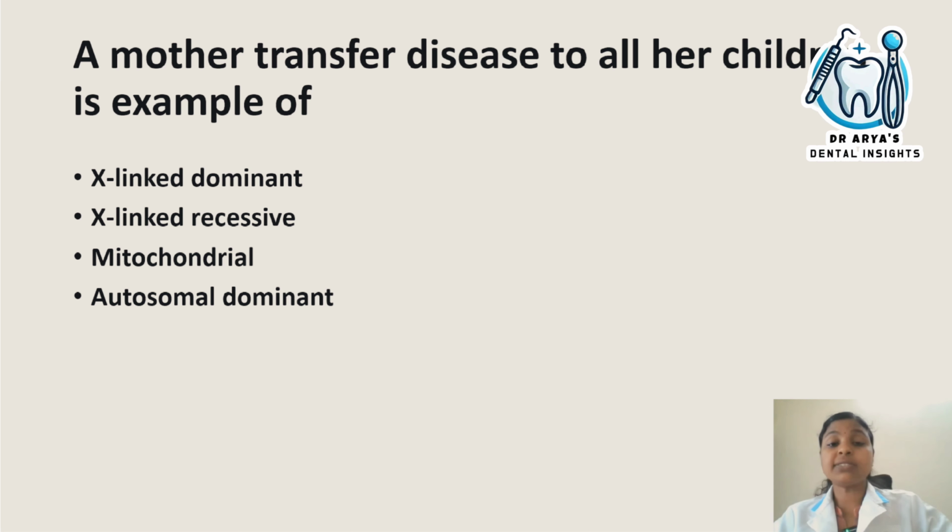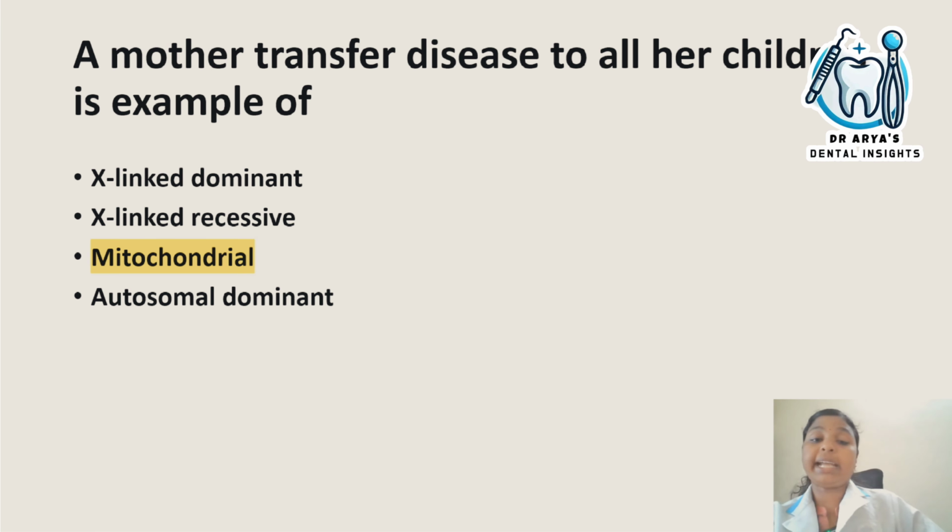So a mother transferring disease to all her children is an example of X-linked dominant, recessive, mitochondrial, or autosomal dominant. So a mother transferring disease to all her children is an example of mitochondrial inheritance. Mitochondrial genetic disorders can be caused by changes or mutations in either mitochondrial DNA or nuclear DNA, leading to dysfunction of the mitochondria and inadequate production of energy.